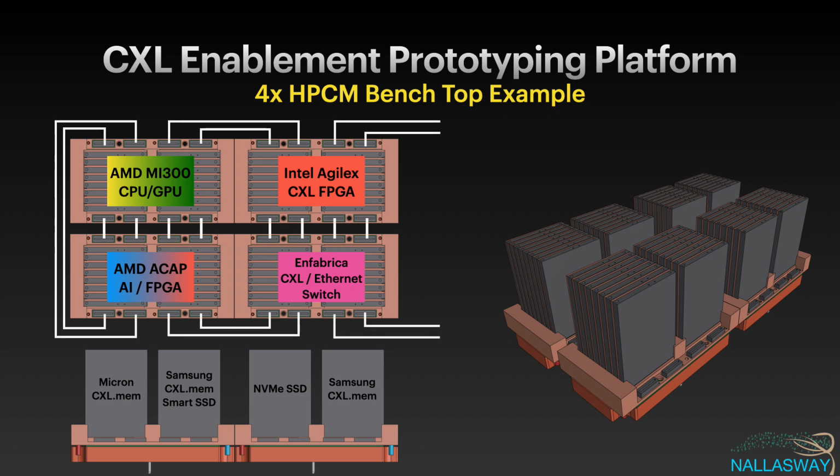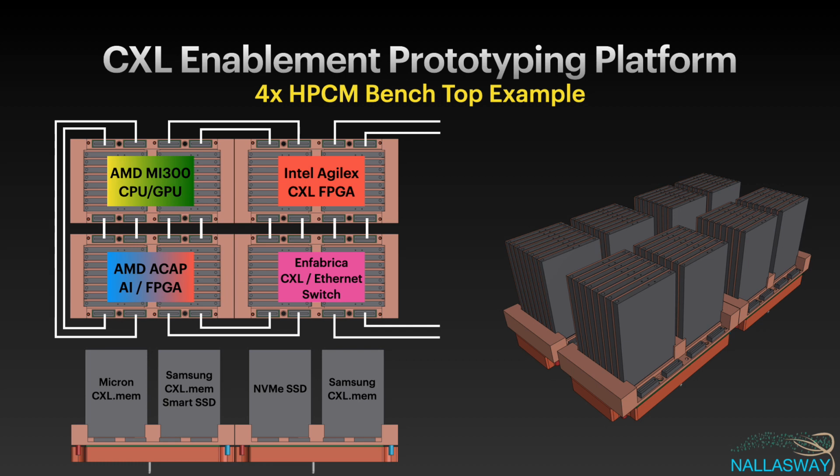The topology interconnections here, I'm just showing an example where you've got quite a lot of bandwidth. You want a high bandwidth maybe between the MI300 and the AMD ACAP FPGA, so you manually populate a lot of links between those two. But basically this is all cabled, so you can build any topology that your domain specific application needs.